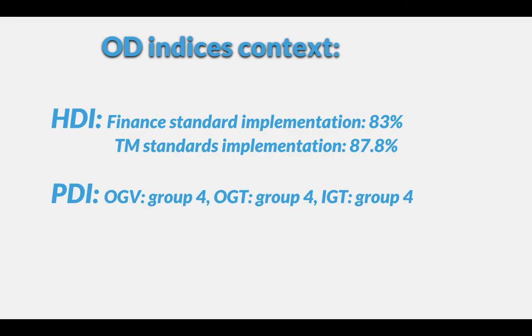But to give a bit more explanation, HDI, which is Health Development Index, explains how well an entity is implementing talent management processes and finance standards. So we want to see how well you're implementing your finance standards and TM processes. And in Sweden, we have a finance standard implementation of 83% and TM process implementation of 87.8%.